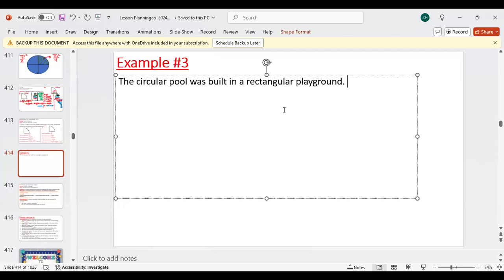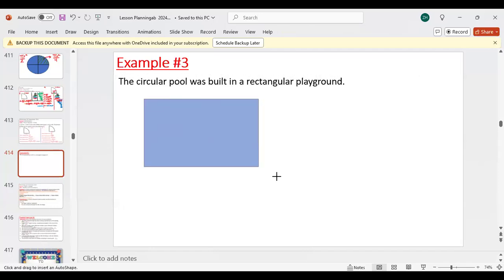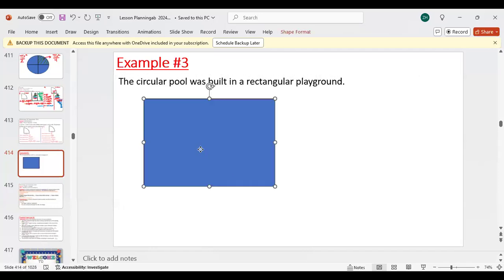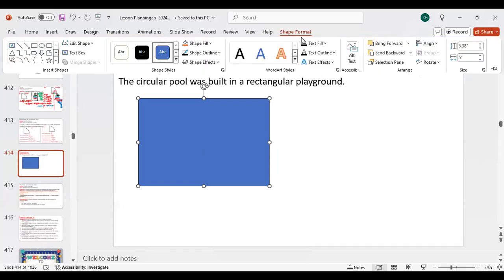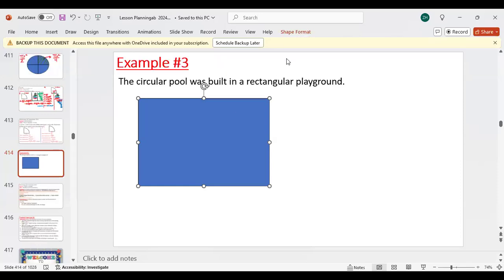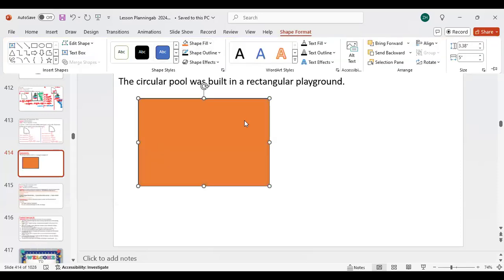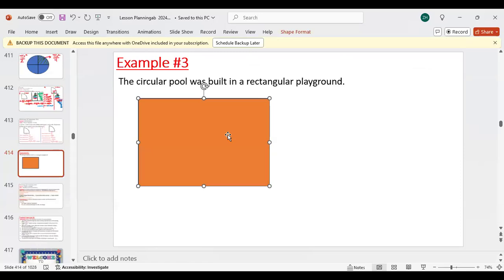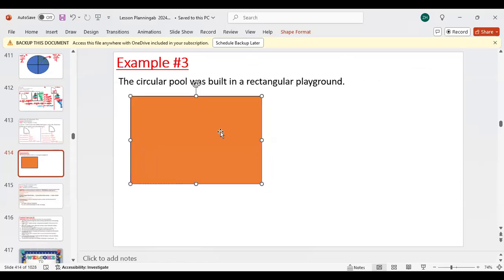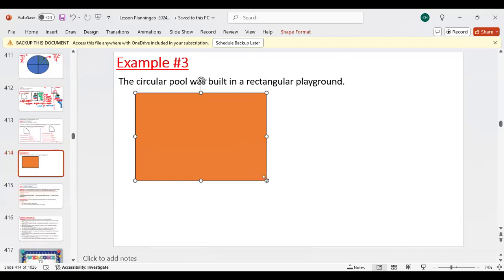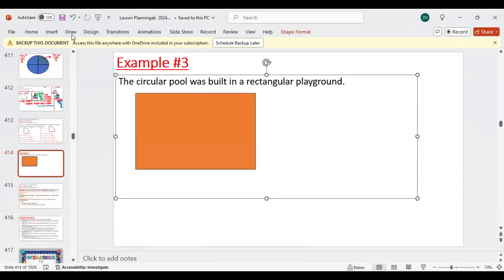So let's say that we have this rectangle as a rectangular playground here. I'm gonna say that this is orange inside. So this is our rectangular playground. Draw this for me, please.